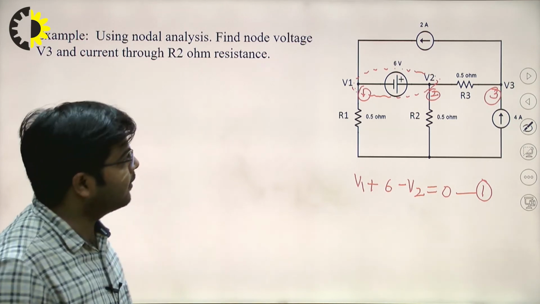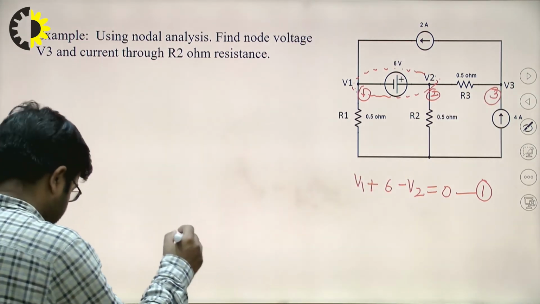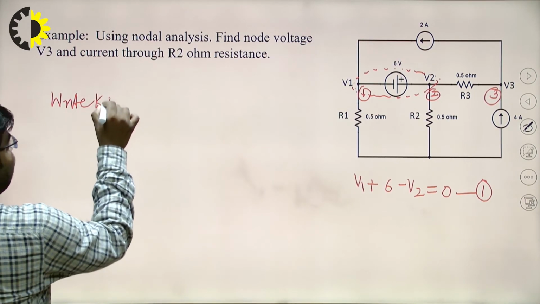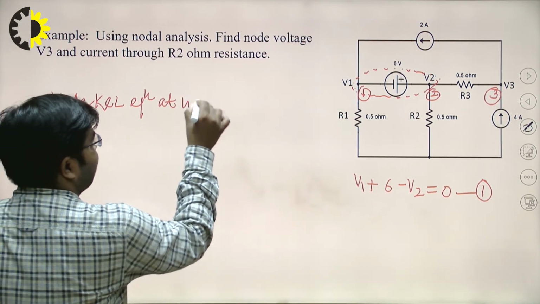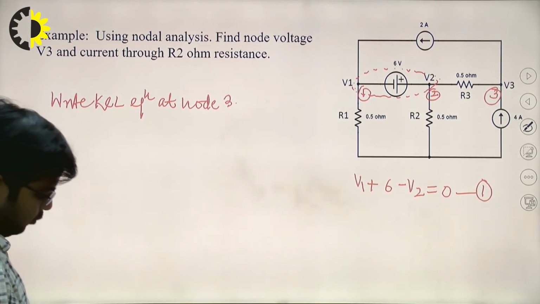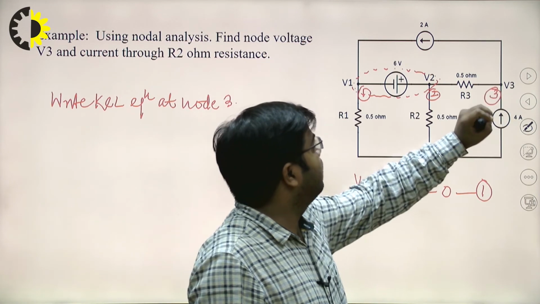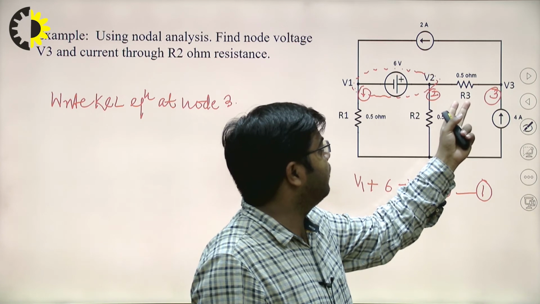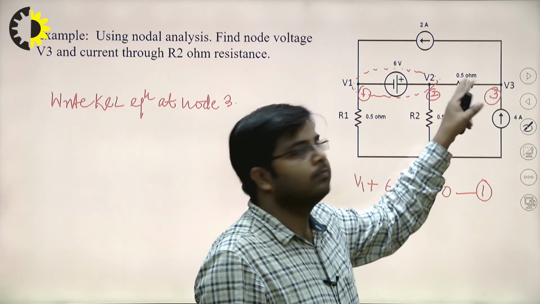Now write the KCL equation at node 3. Here you can see this 4 ampere is the incoming current and 2 ampere is the outgoing current, and the current through R3 resistance will be V3 minus V2 divided by 0.5 ohm.